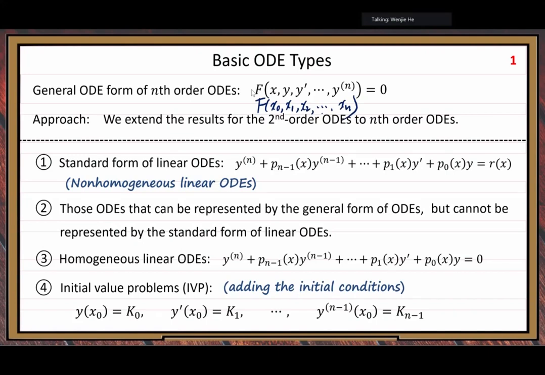Only under this kind of initial conditions can we get a unique solution. So that's the basic ODE types.